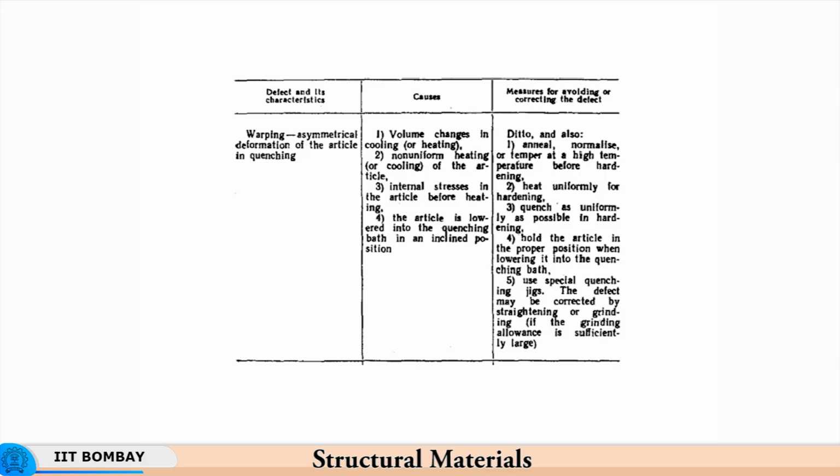So, what you do is you fix it, because if you quench it freely, you are allowing a free change in shape to take place. On the other hand, if you fixture it properly, then what you do is you force it to be in the final shape, into the desired shape when it is being quenched.